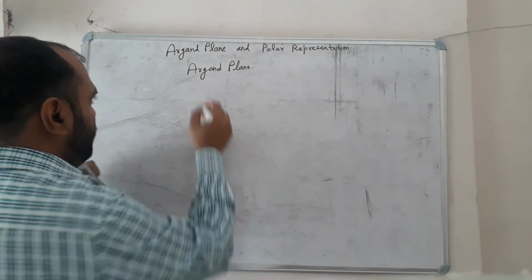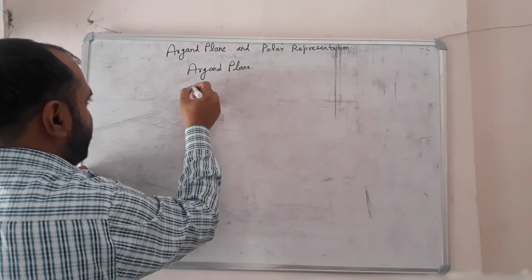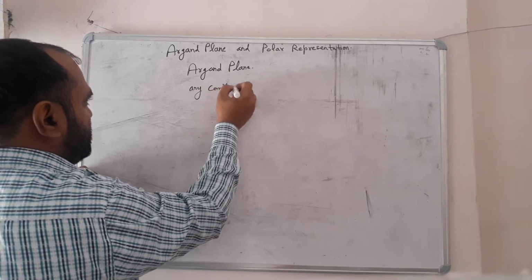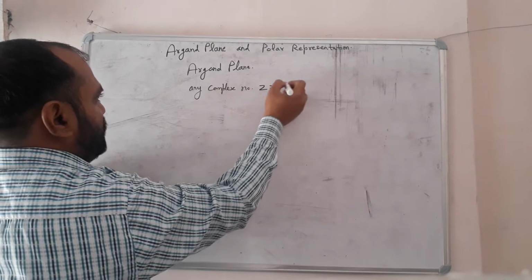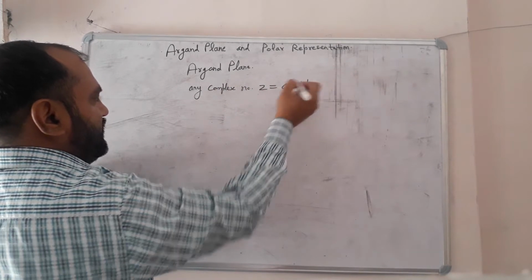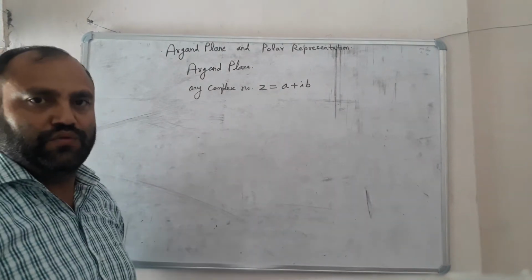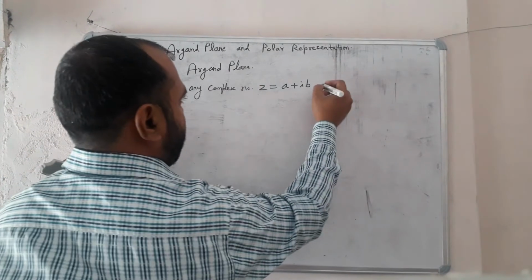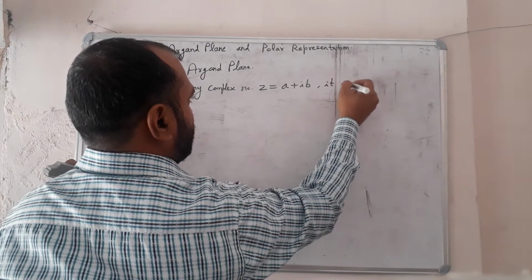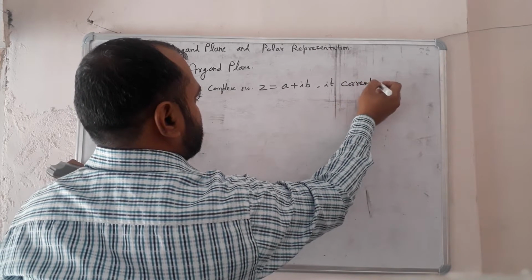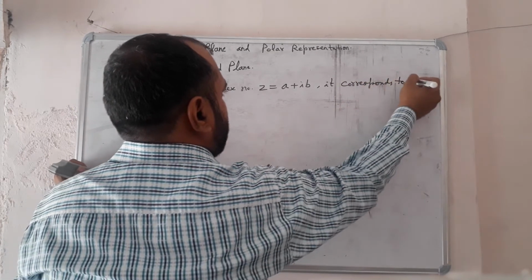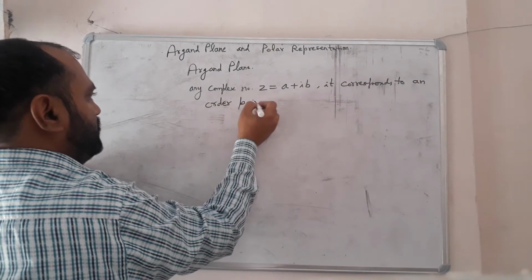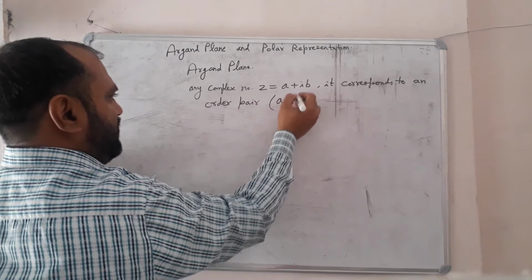Any complex number z is equal to a plus iota b, it corresponds to an ordered pair a comma b.